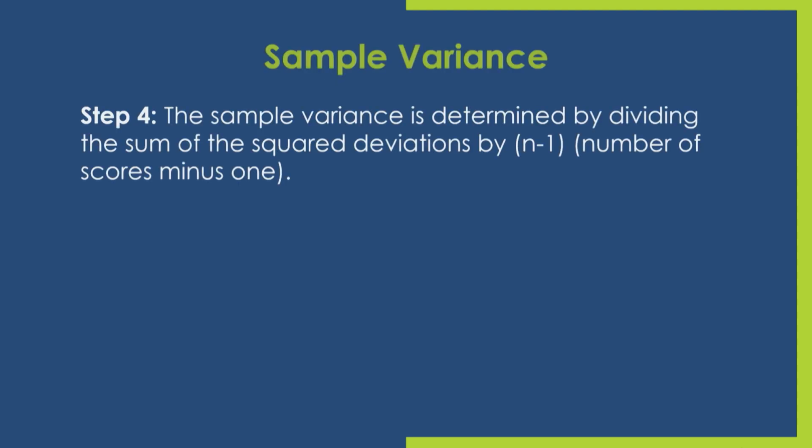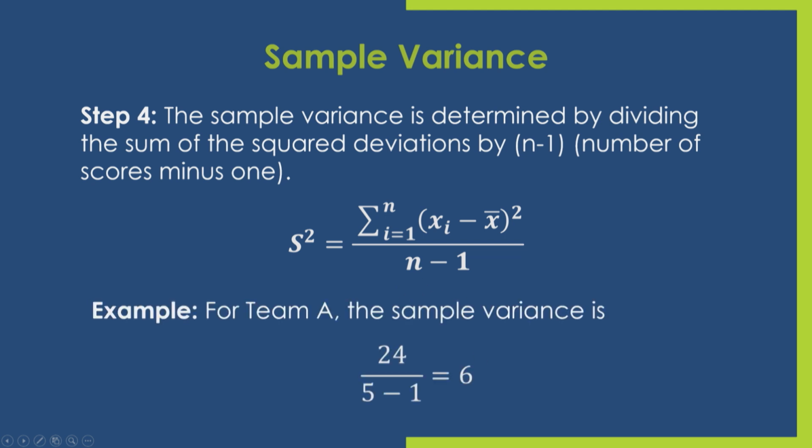Step 4. The sample variance is determined by dividing the sum of the squared deviations by n minus 1, the number of scores minus 1. S squared is the sample variance, which is summation of i equal to 1 to n of xi minus x bar whole squared divided by n minus 1. For example, for team A, the sum of squared deviations is 24.